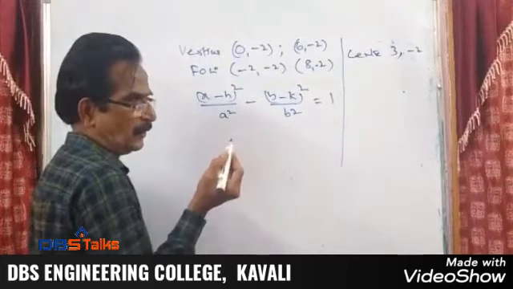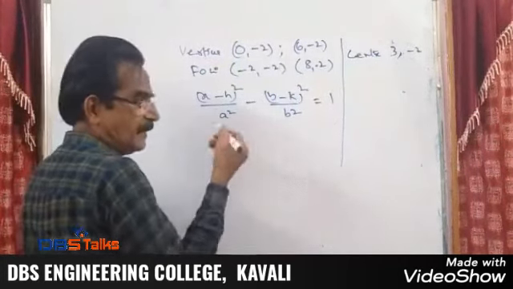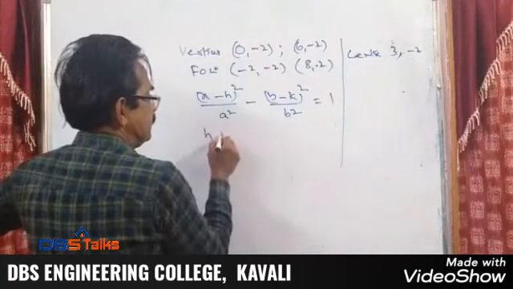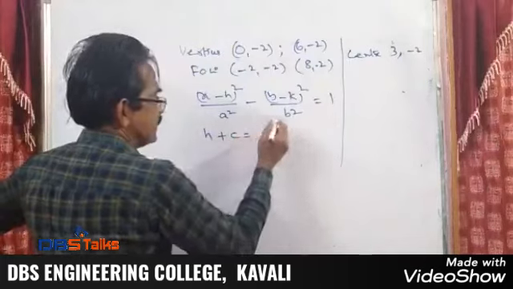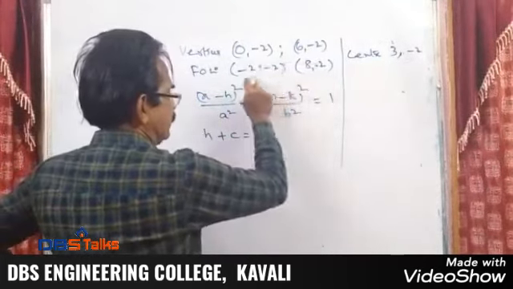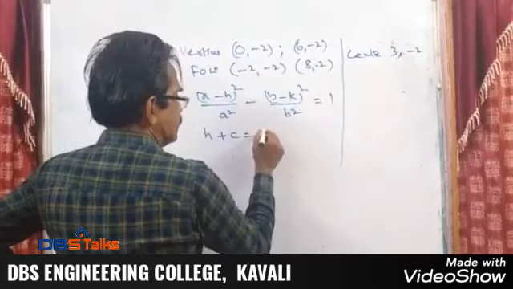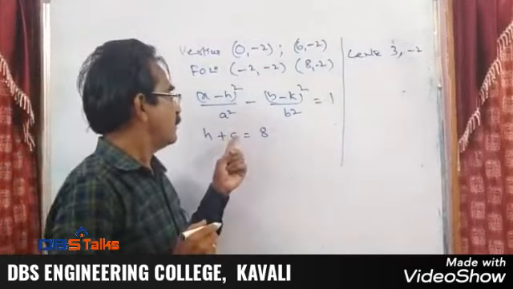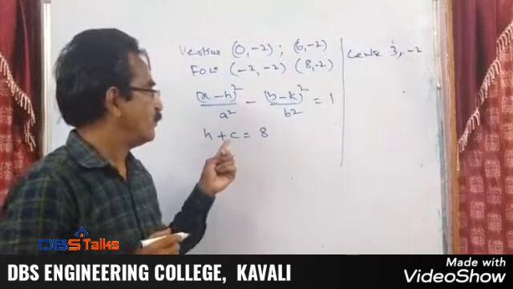You can take either of these two things. h plus c is equal to 8. Normally what we do, friends?